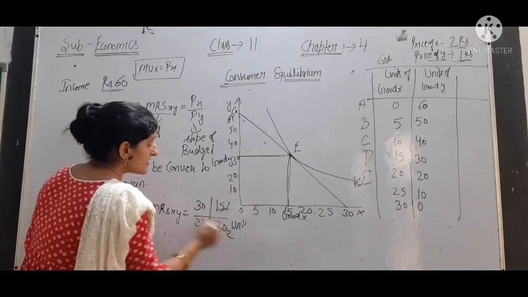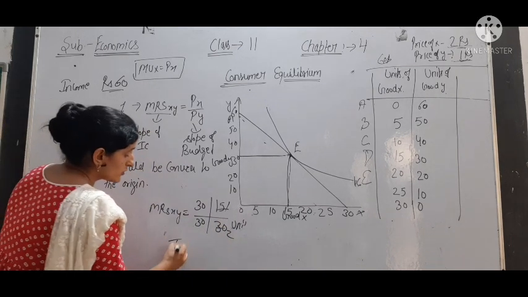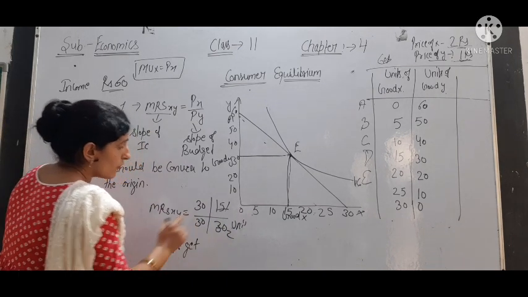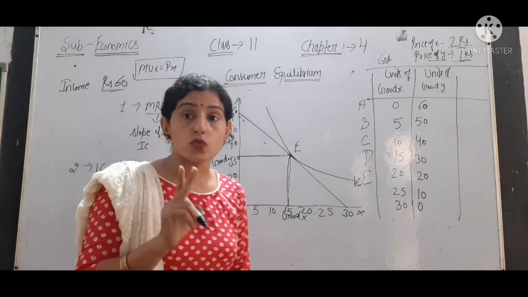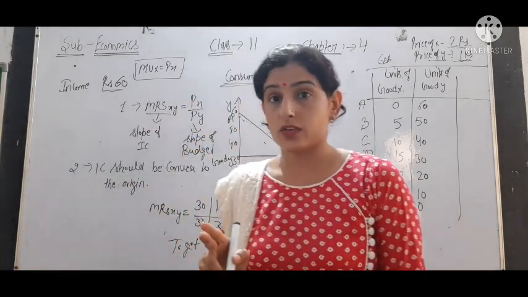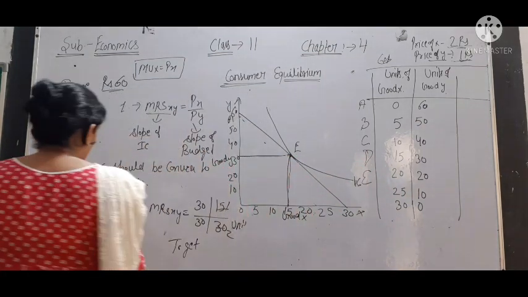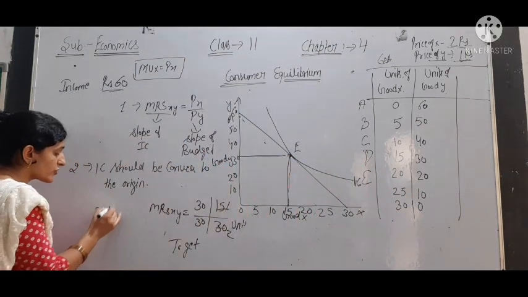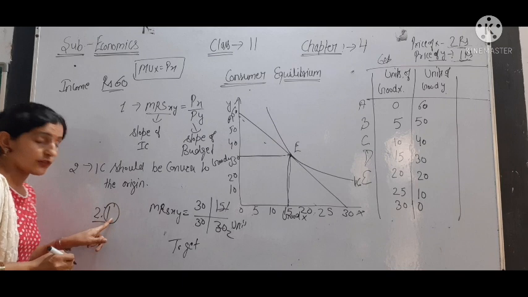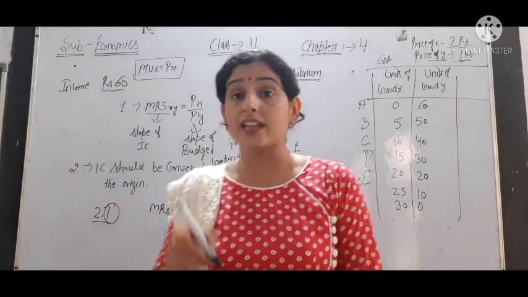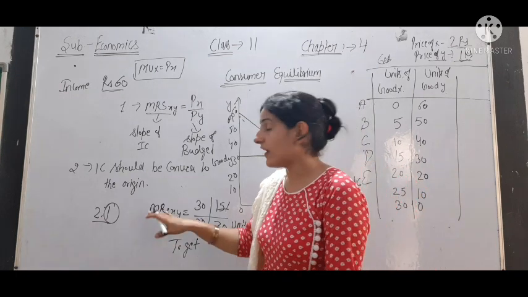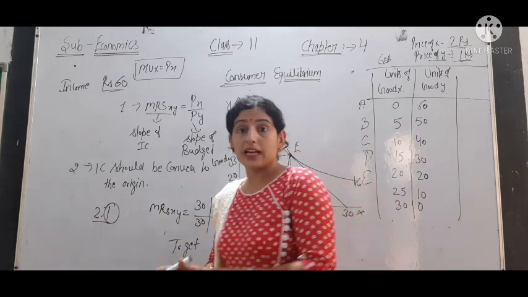So it means to get 1 unit of X, the consumer is sacrificing 2 units of Y, okay. So what will be the ratio? That will be 2:1. Means to get 1 more unit of X, the consumer has to sacrifice 2 units of Y, okay. So MRS also tells about this.